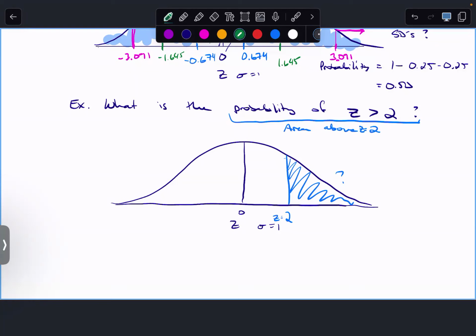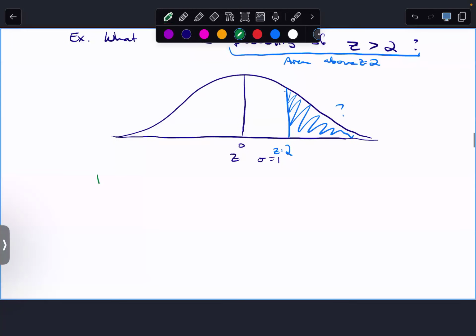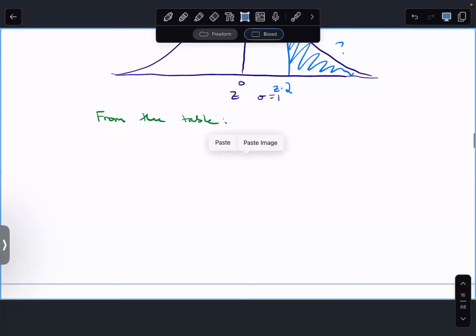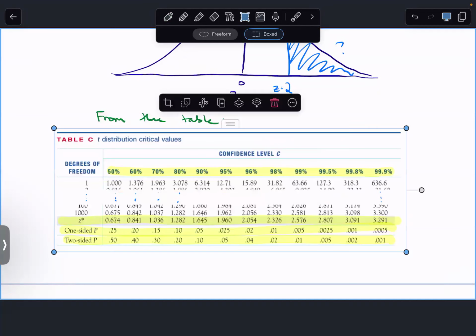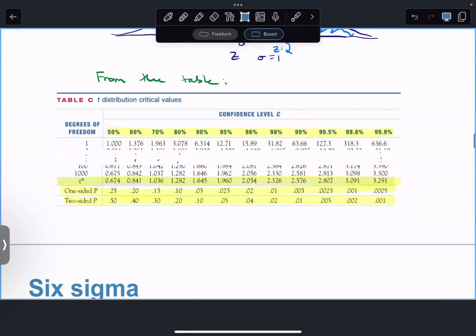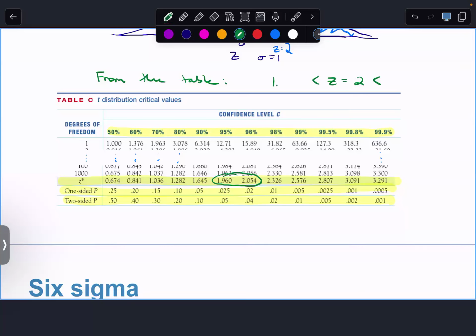So from the table, and this is when I'll bring it in here, I see that Z equal to 2 is between 1.960 and 2.054.